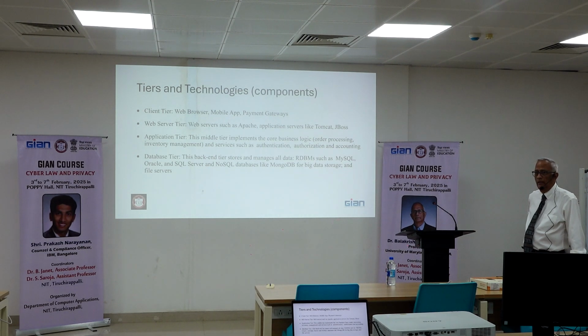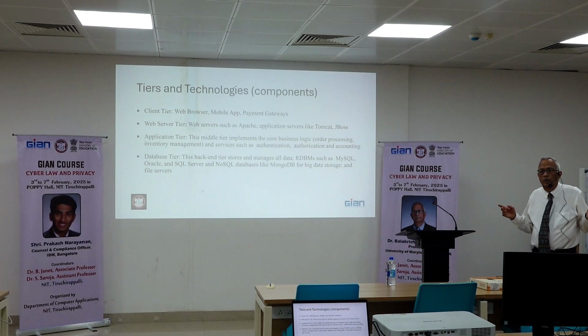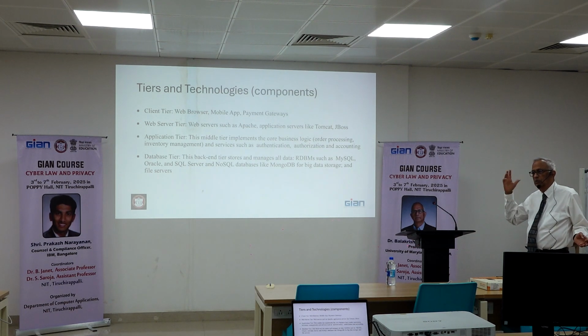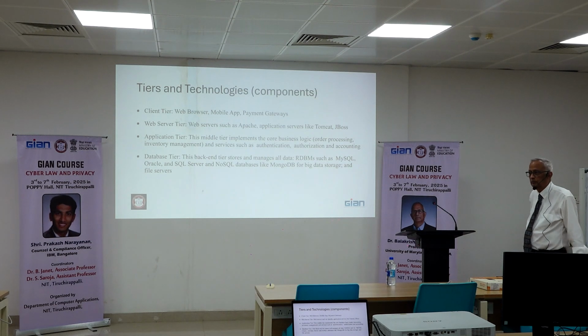And then the web server tier is usually web servers such as Apache, application servers like Tomcat and JBoss. Again, you may not have designed a web system yet, or you may not have taken a course in web technology, but if you do, these things should sound familiar.